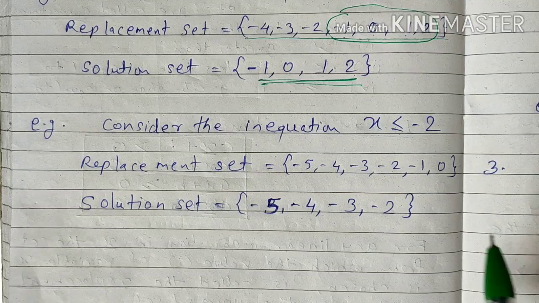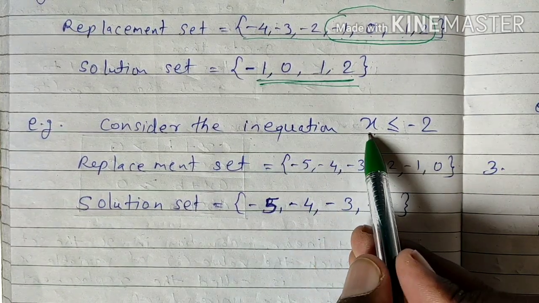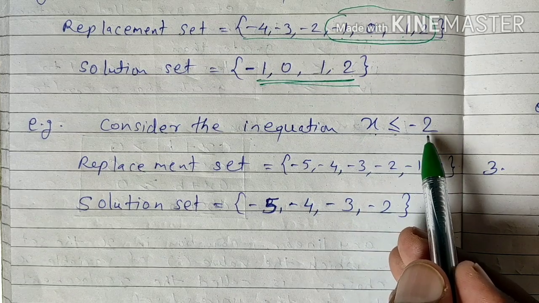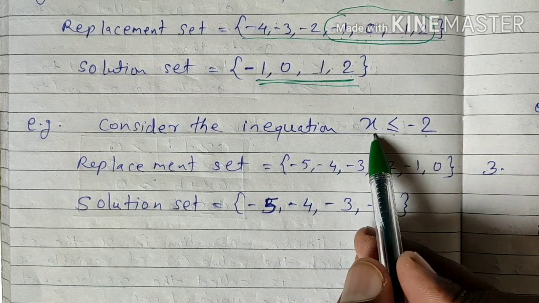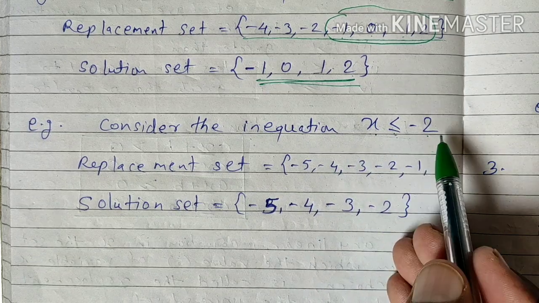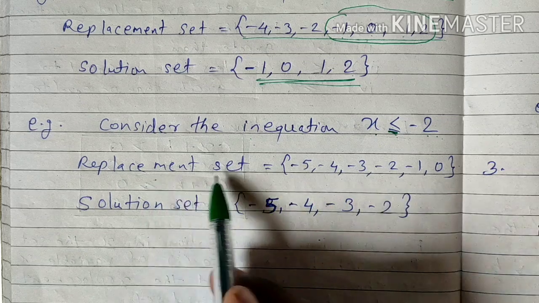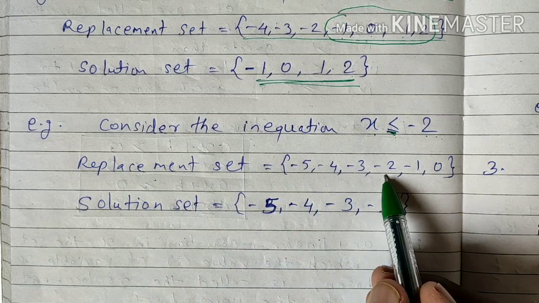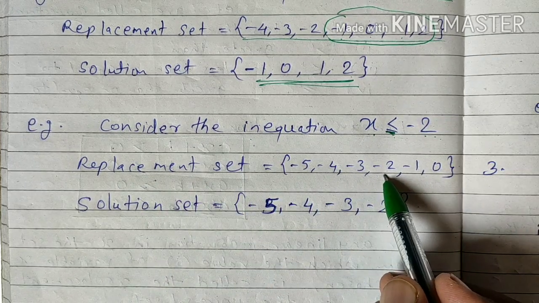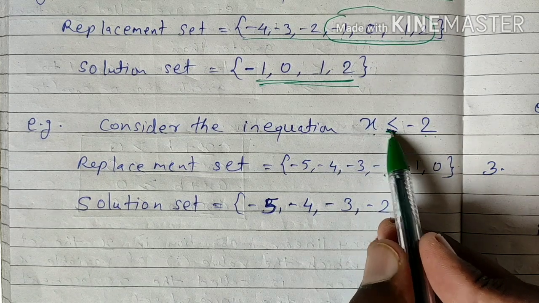Another example is here. The inequation is x is less than or equal to minus 2. If x is less than or equal to minus 2, then minus 2 is also included, because here is the equal to sign. So from this replacement set we have to select those elements which are less than or equal to minus 2.